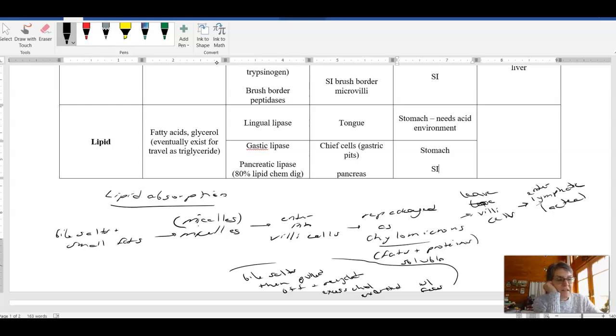This lymphatic, these chylomicrons then will get to the blood supply, and they will eventually get to the liver via the hepatic artery. That's kind of cool. It's a nice little connection of how they get to the liver for processing, right?